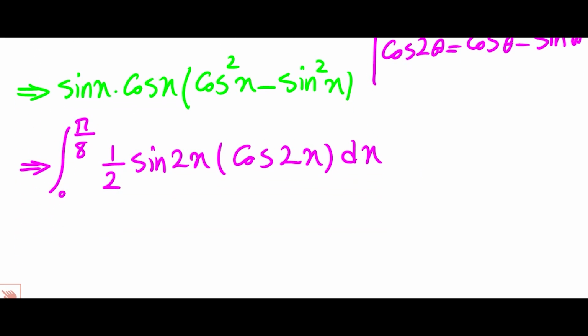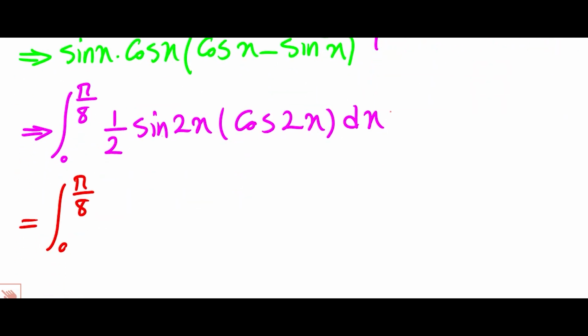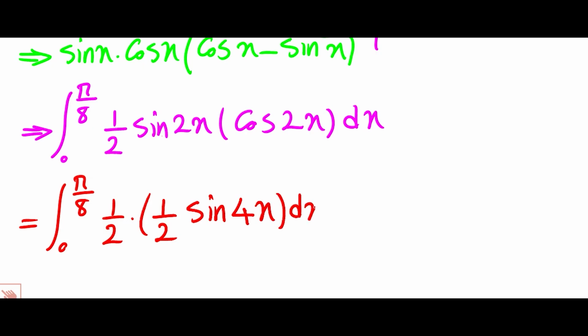So we have the integral from 0 to pi over 8 of sine 2x times cosine 2x. According to this formula, we have 1/2 times sine of 2x times cosine of 2x equals 1/2 sine of 4x dx.